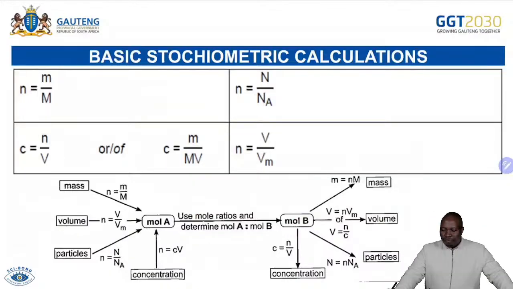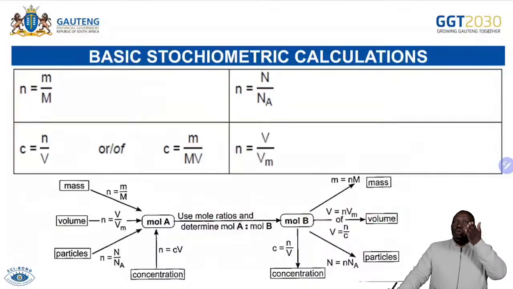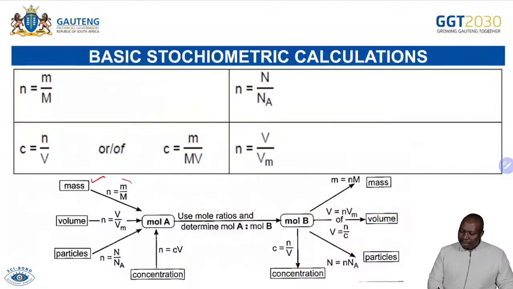Now, when I move, we look at the basic stoichiometric calculations to say this is very much important now because learners lose marks in terms of this one. To say when I'm given mass, I must be able to calculate the number of moles. That is the simple task that we are asking of you.